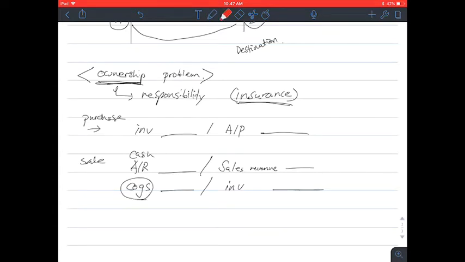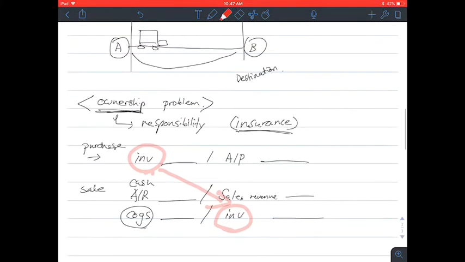So what you can see here is that inventory is transferred to your customer.